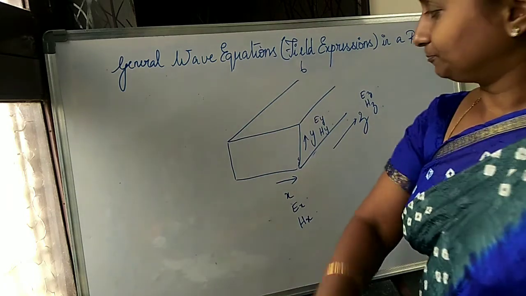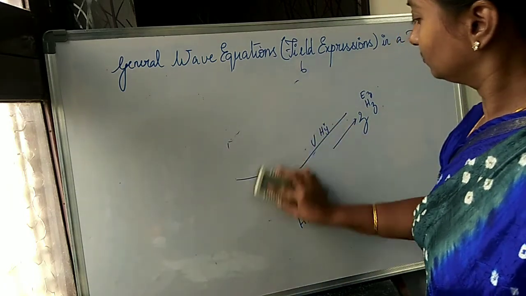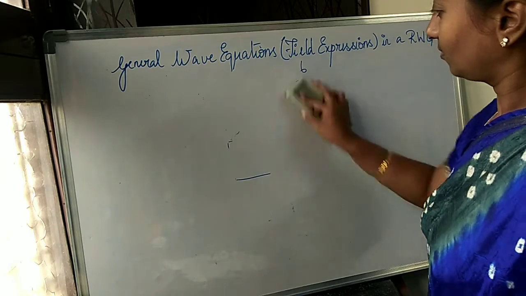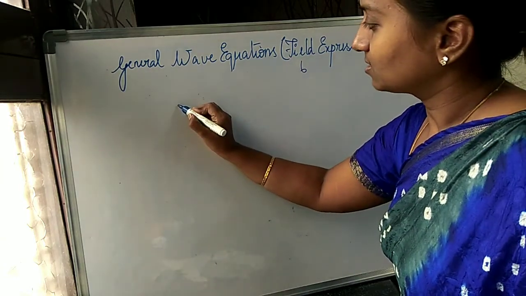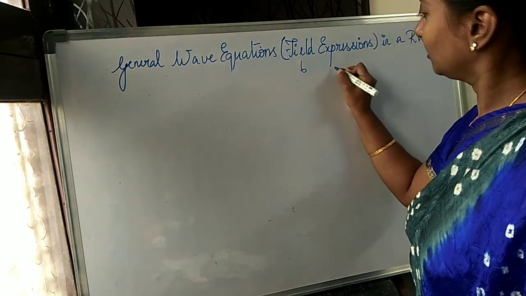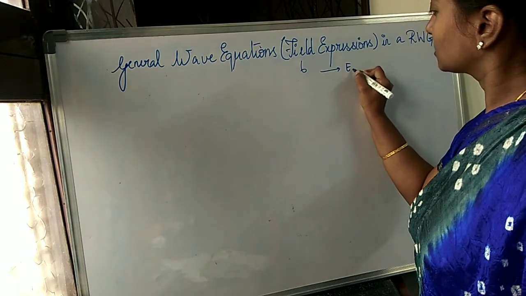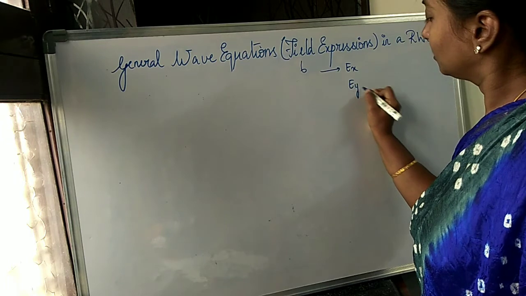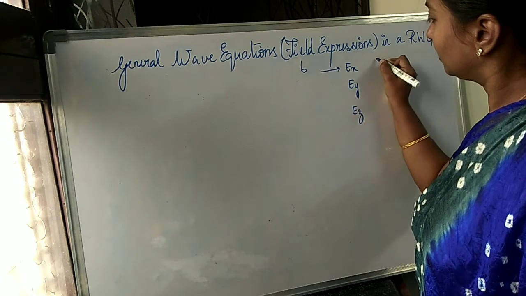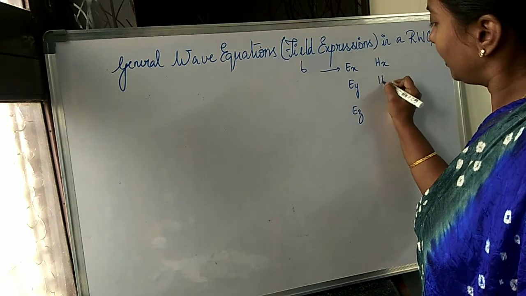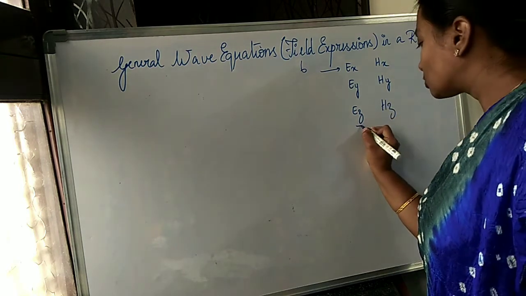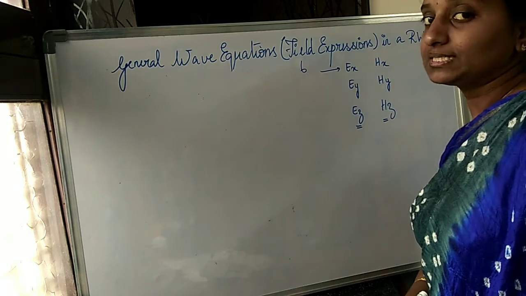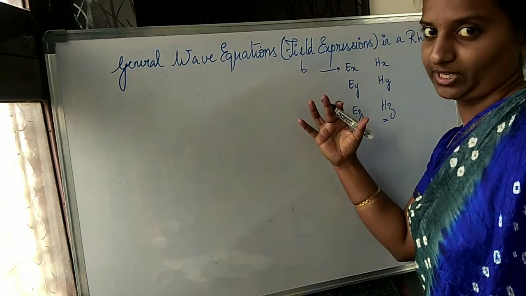So if I take the wave equations, I have 6 components, right? What are they? Ex, Ey, Ez, Hx, Hy and Hz. Ez and Hz are the components along the direction of propagation.